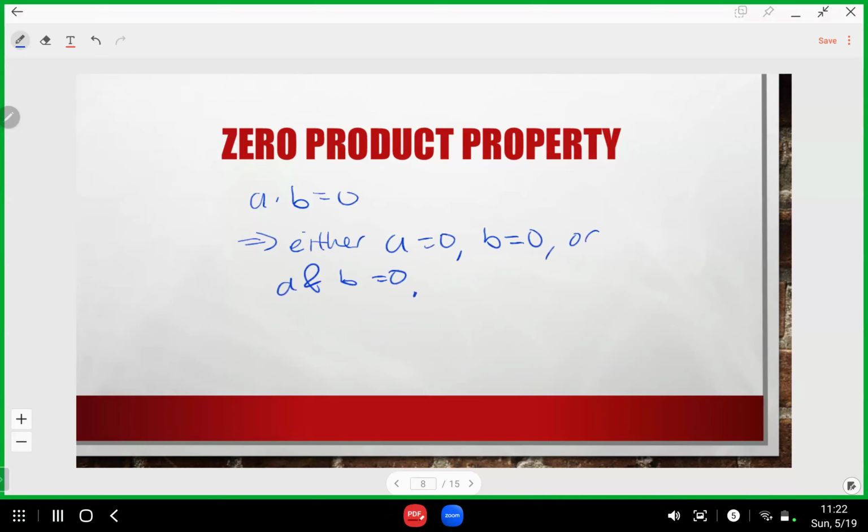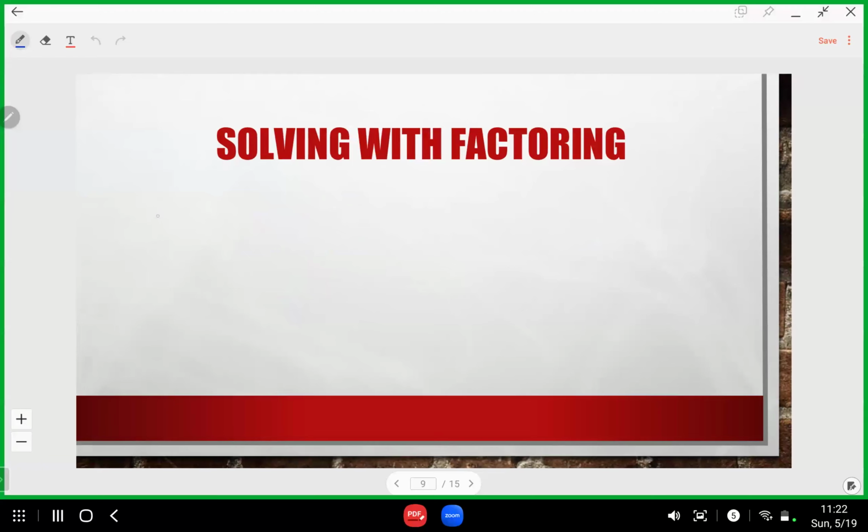So this works with quadratic equations because when you have ax squared plus bx plus c equal to 0, you're going to factor them, and then you get factors. And you can set each of those factors equal to 0 to find multiple answers. So when you have a quadratic equation, make sure you're getting two answers most of the time, because you have two factors, right?